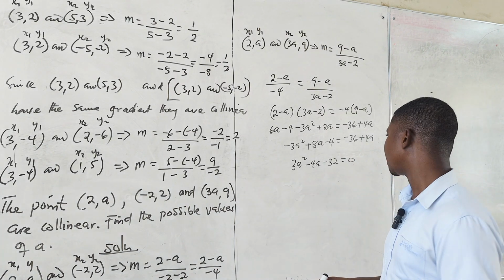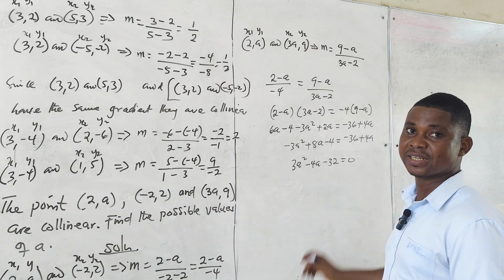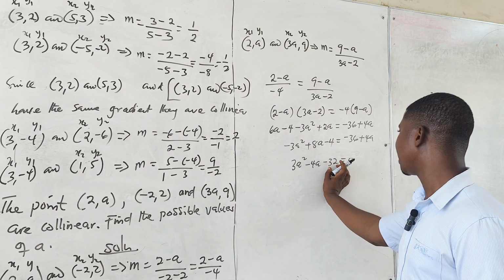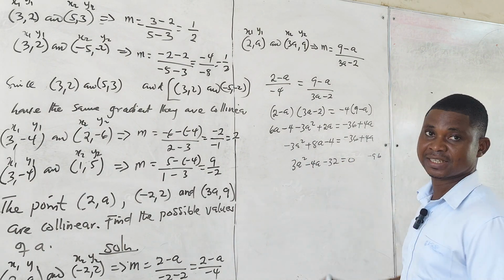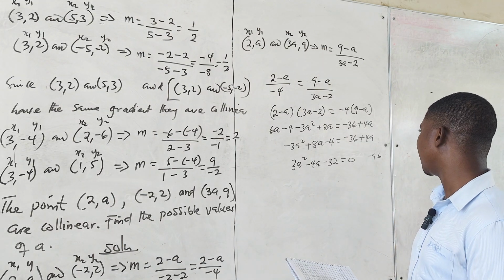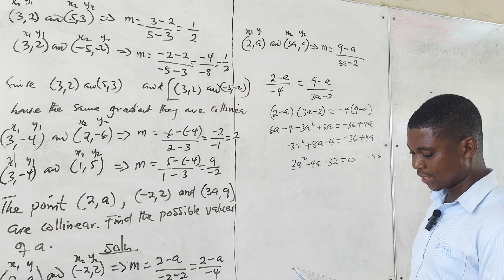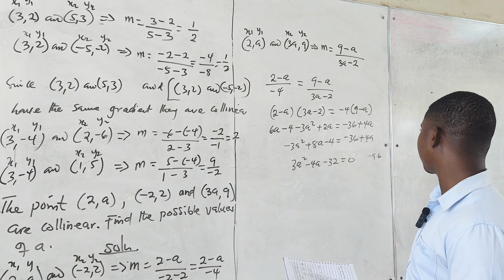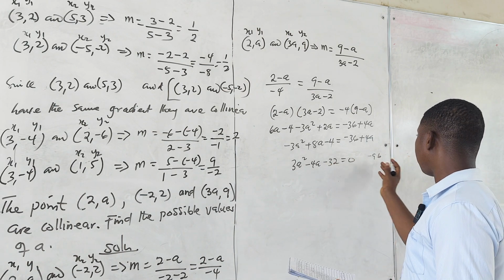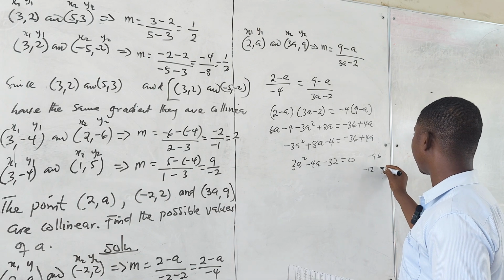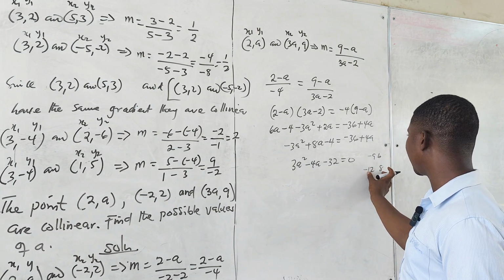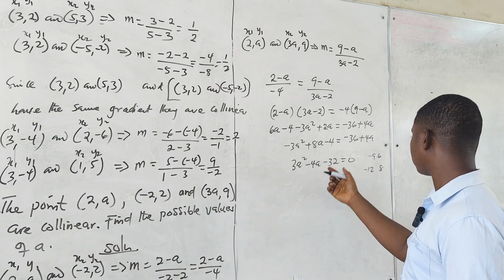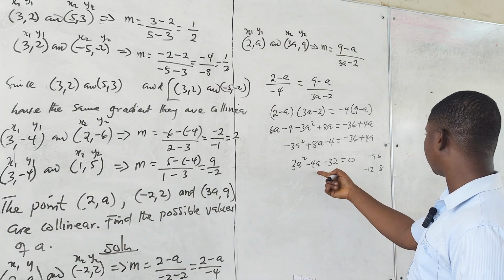So having gotten that, the next thing is for us to factorize that. To factorize this, we have to multiply this one by that, and you get negative 96. Two numbers that multiply to give you negative 96, but add to give you negative 4, become negative 12 and 8. When you multiply this, you get negative 96, but when you add it, you get negative 4.